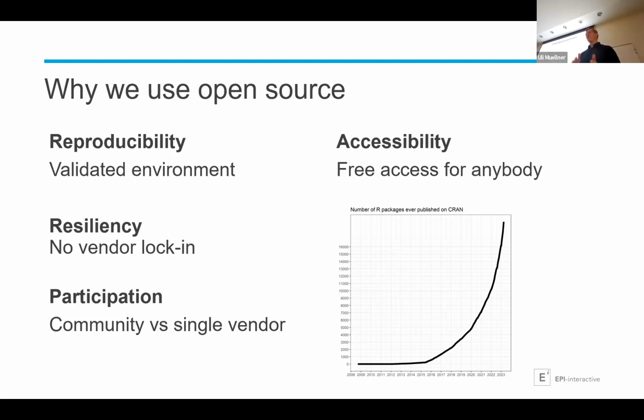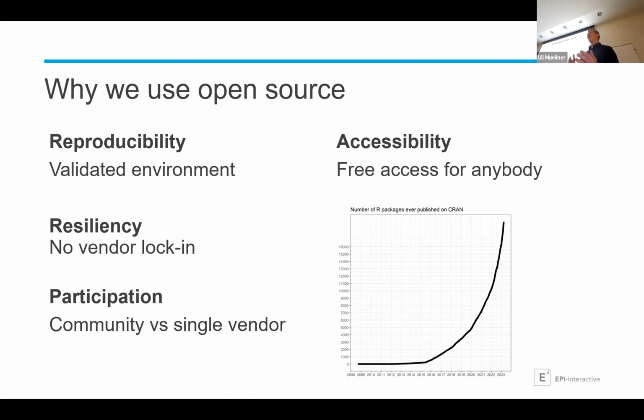With open source technology, you can hand over the code, others can inspect exactly what path you followed and what code you've written, and you can give it to others to validate it and to reproduce it.